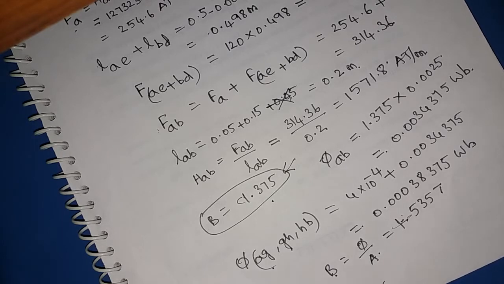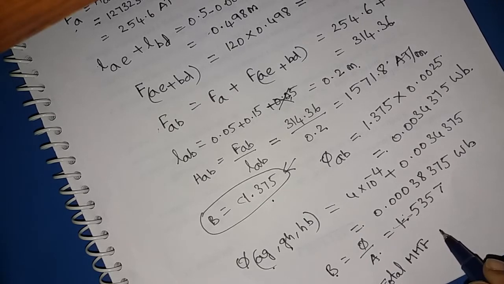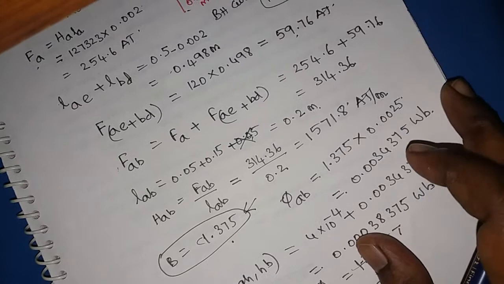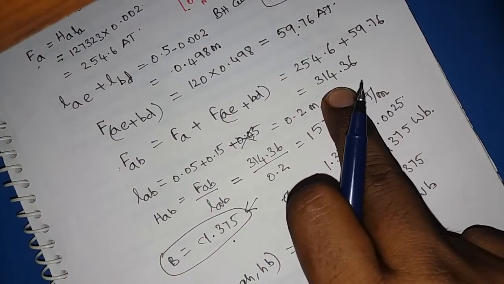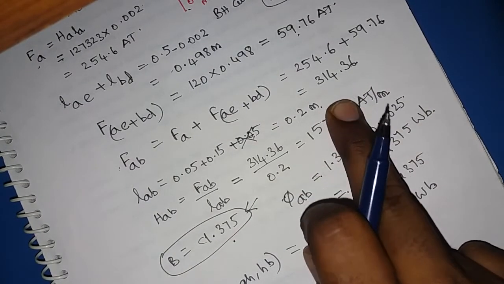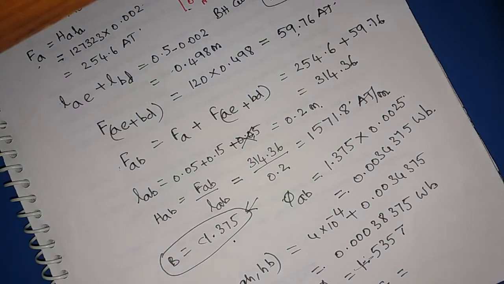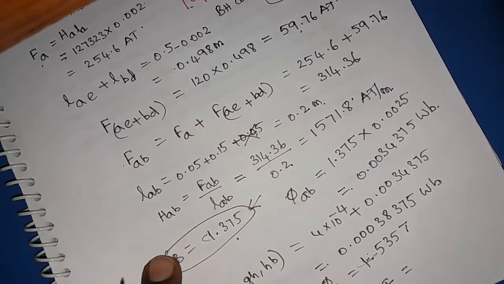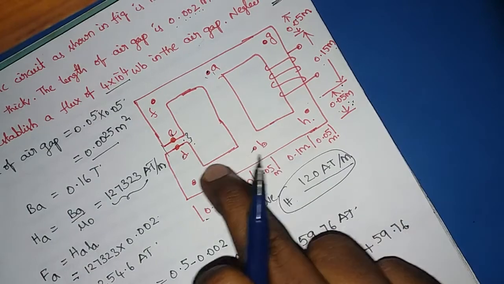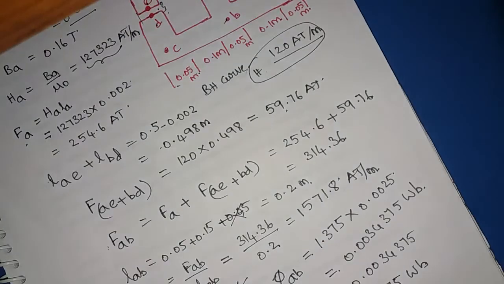Okay, so hence total MMF is this MMF, that is air gap MMF, and the air gap MMF of this branch.